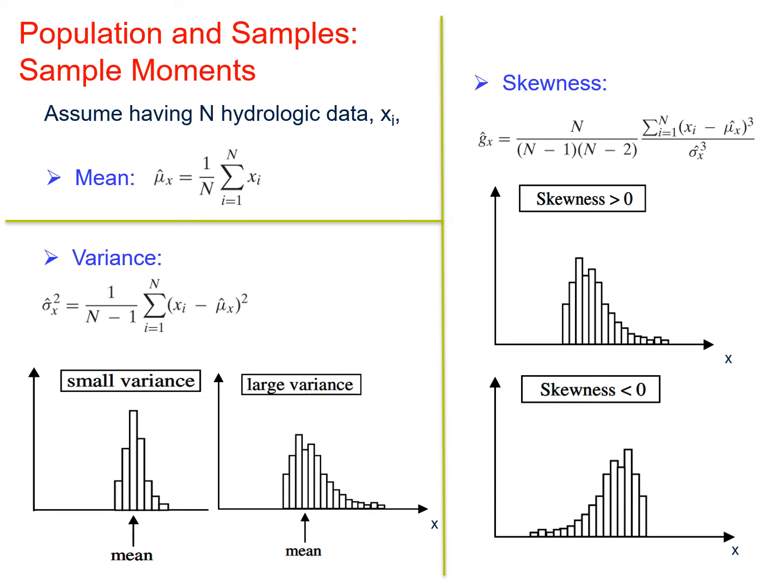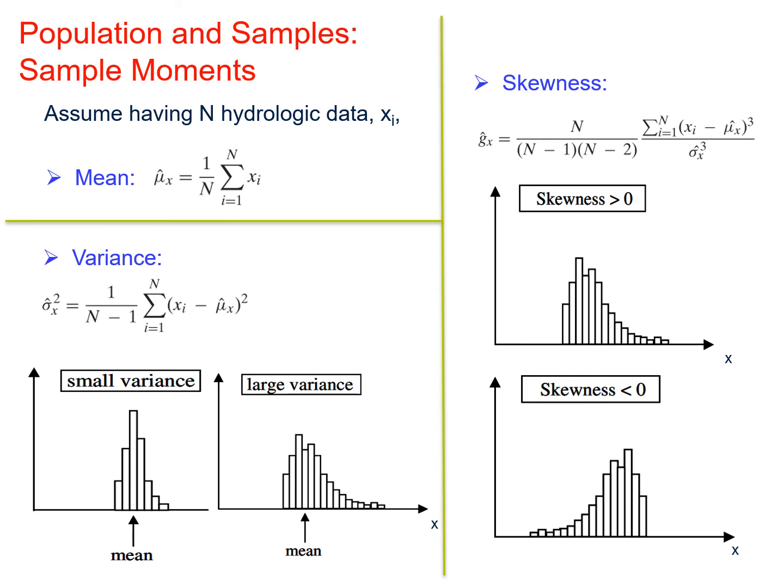If you have rainfall of 10 years or even 200 years, that is still a sample from a large number of years. You may have thousands or 10,000 years of rainfall in an area, but what we are using is only 100 or 200 years of data. So all the hydrological records are sample data.